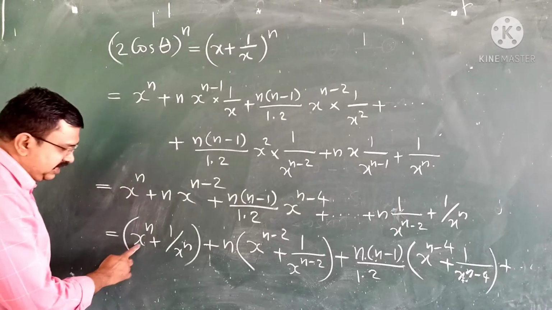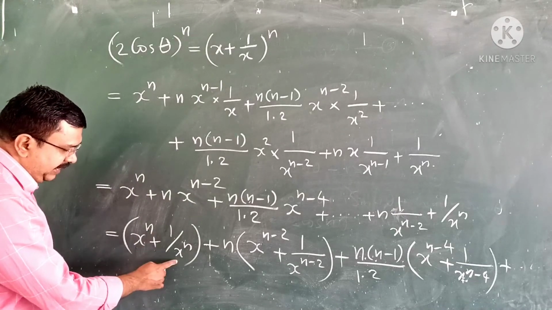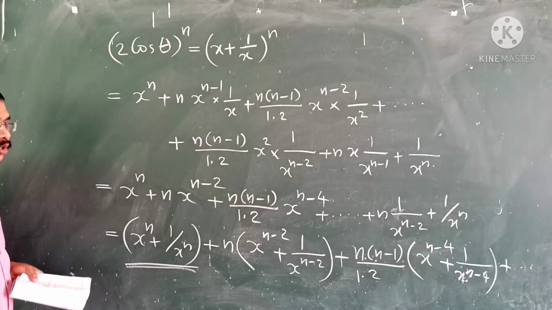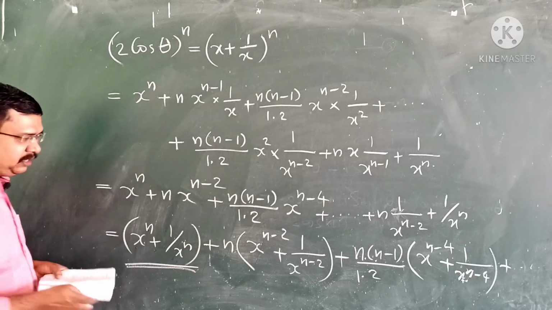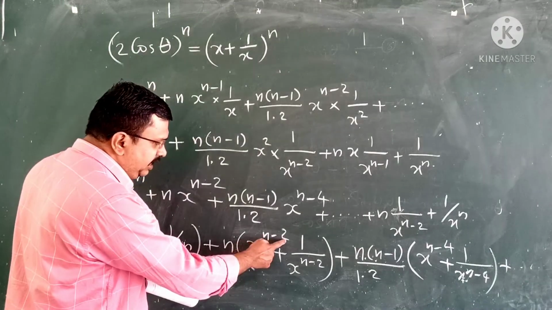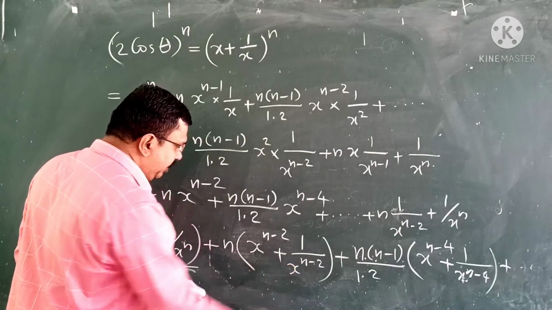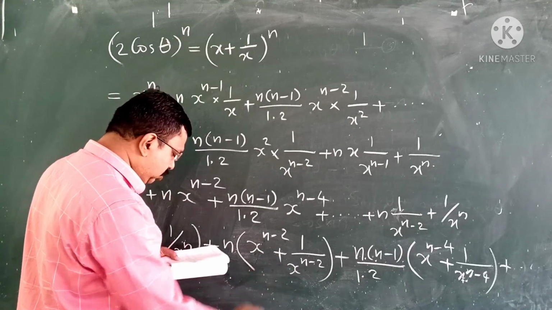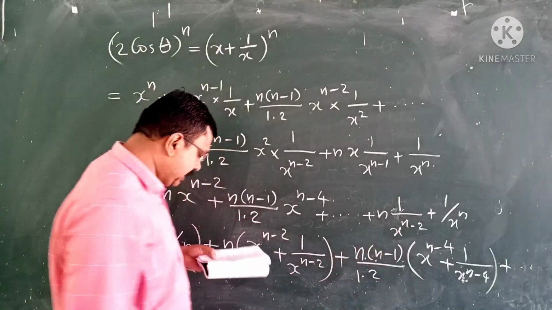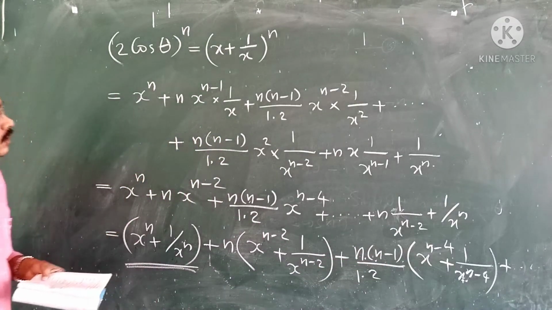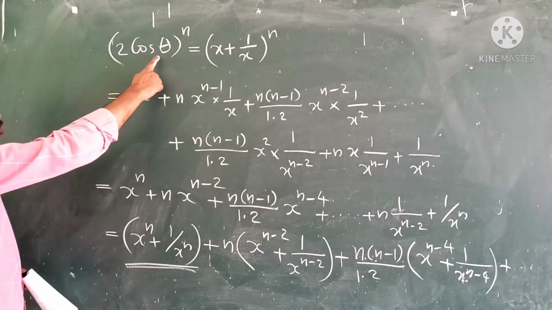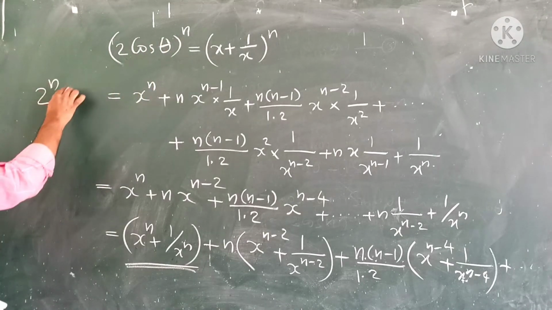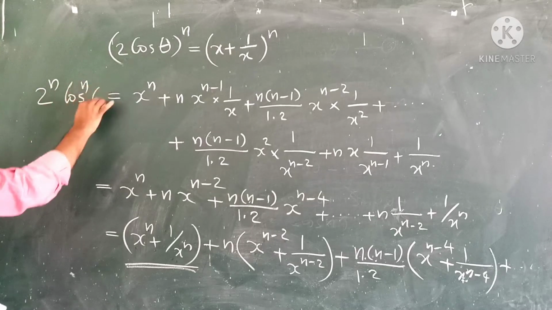Here x^n plus 1 by x^n, this quantity is equal to 2 cos n theta, and this x^(n-2) plus 1 by x^(n-2) is equal to 2 cos (n-2) theta plus etc. That is, here we can write (2 cos theta)^n, that is equal to 2^n cos^n theta.